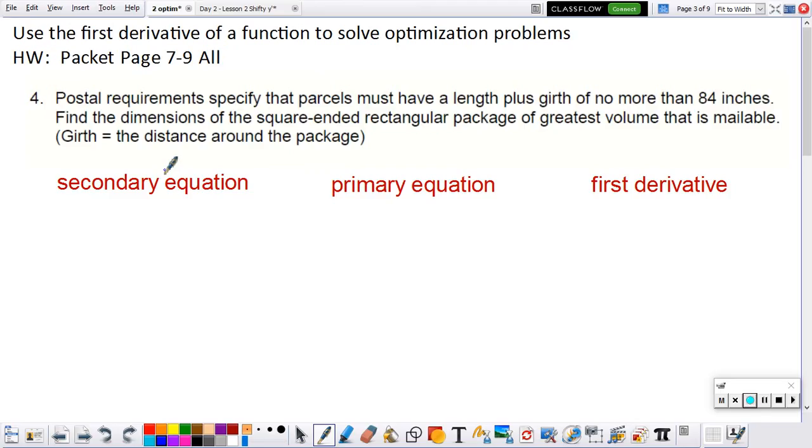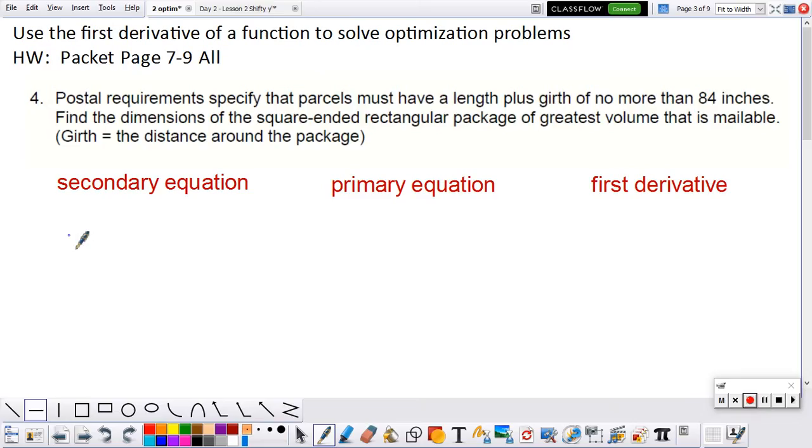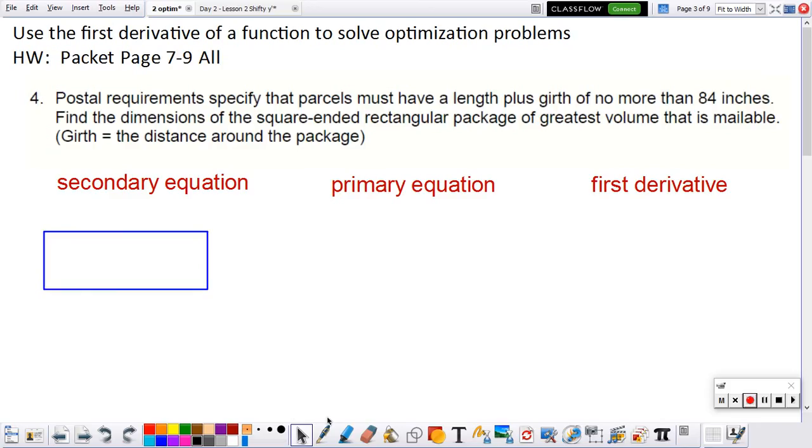So what we're going to do is imagine the bottom of our package, right? Now, we know that we are maximizing volume, and it's a box, so volume of a box is length times width times height. So I've got x for one side, and x here, and let's see, if all this has to add up to 84, let's think for a second.